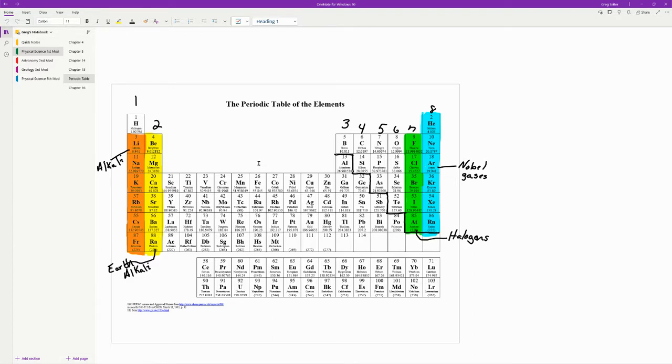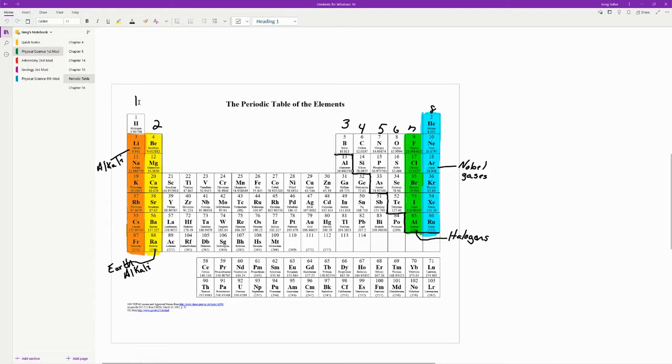Mendeleev noticed these trends, and they periodically repeat themselves. The table periodically repeats itself. It goes up to the number 8.